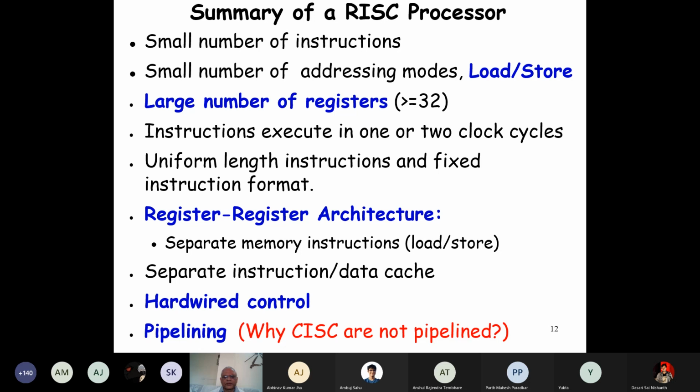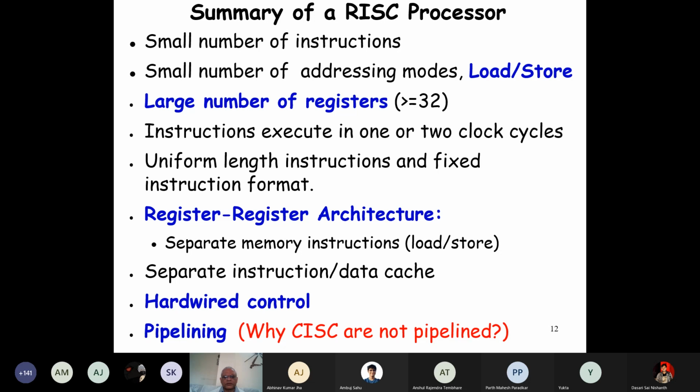And therefore, I was saying that the micro program, where the control also has a program which encodes the signals to be generated, was the micro program control used in CISC processors. But here in the RISC processor, we have hardware control, very fast.